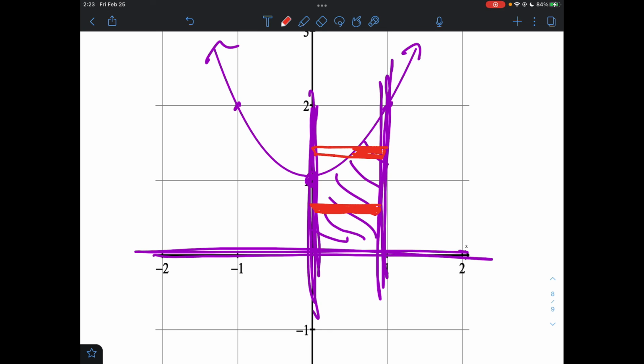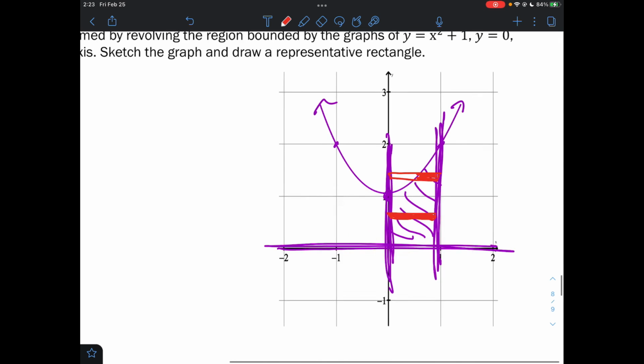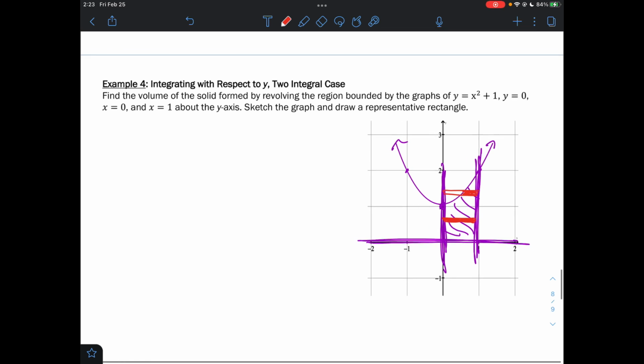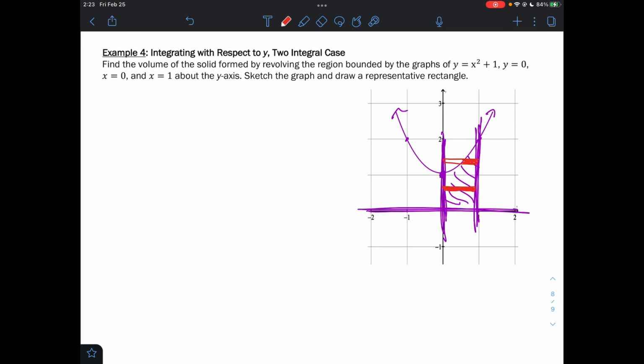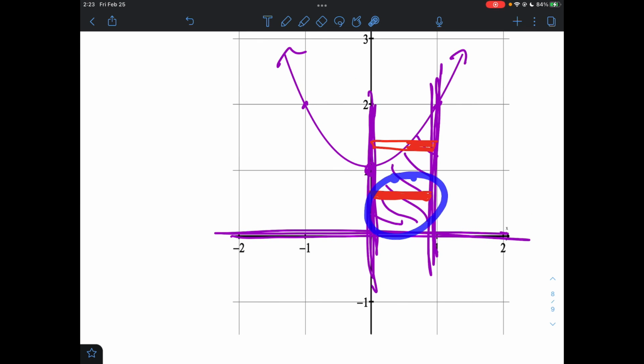So, right now, we are not able to do this problem. Okay, I want to just get you thinking about how we would do this. Right now, we could only do this part, but we cannot figure out this part because there's a hole between our region and the axis that we're trying to spin this around in.